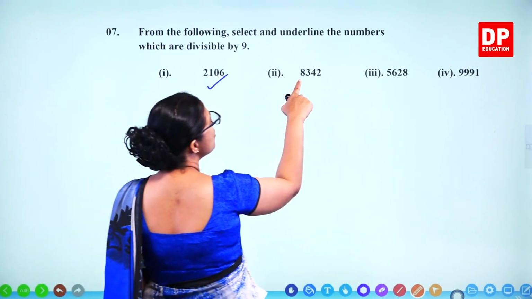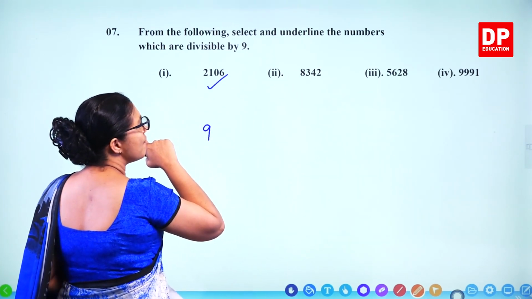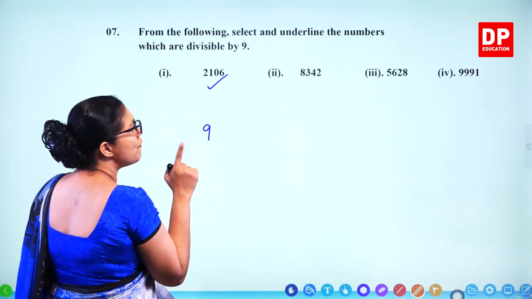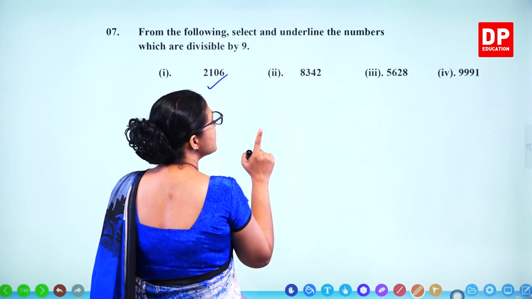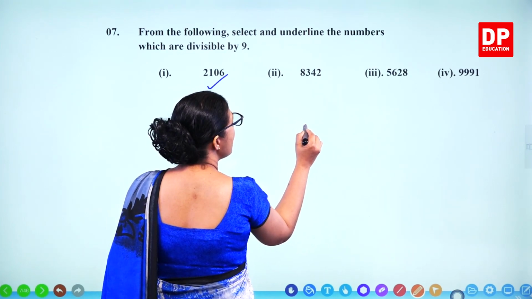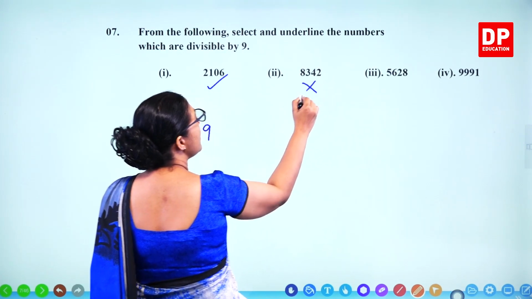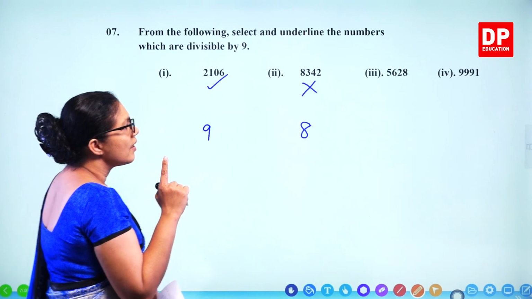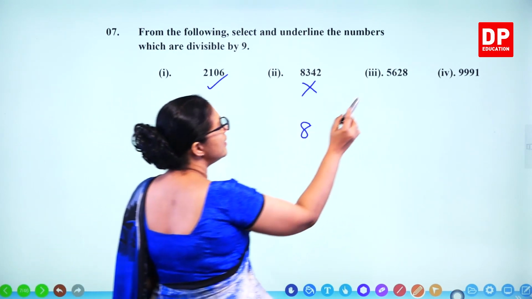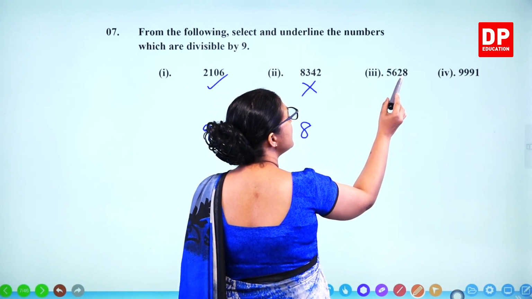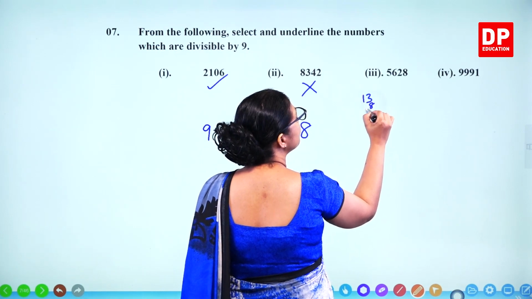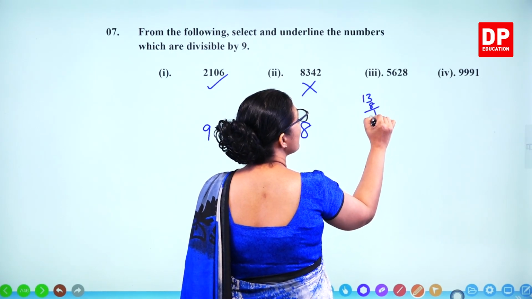What about the digital root here? 8 plus 3, 11. 11 plus 4, 15. 15 plus 2, 17. 1 plus 7, that's 8. 8 is not divisible. What's the digital root here? 11 plus 2, 13. 13 plus 8, 21.